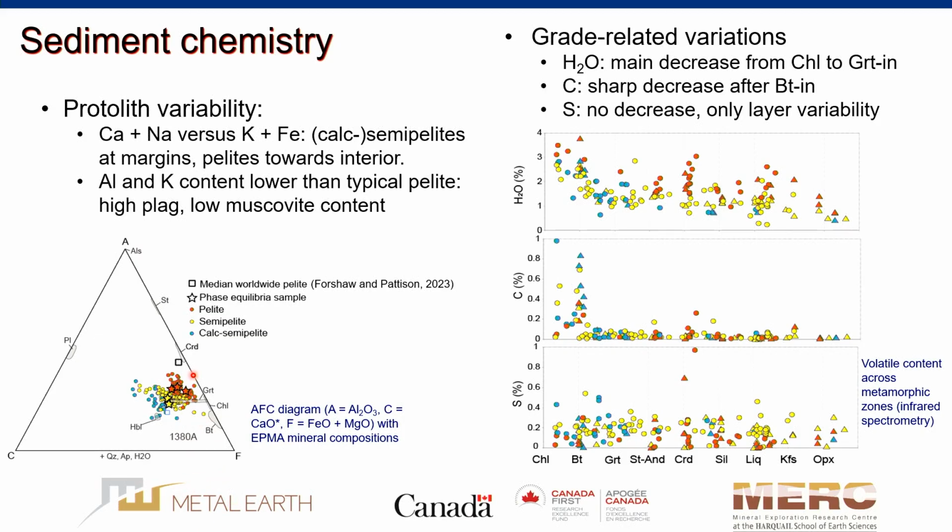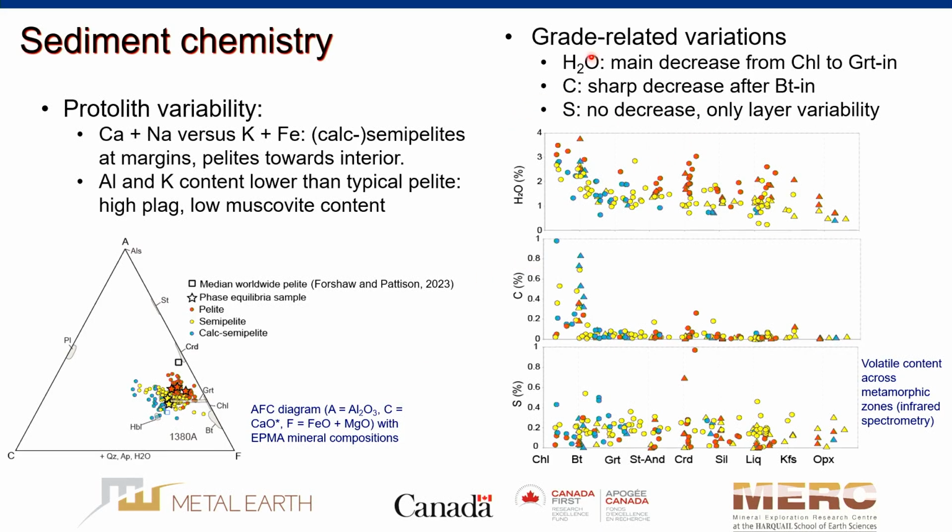And you can see that the median worldwide pelite, calculated by Forshaw and Pattison, plots up here on this AFC diagram. So it's actually interesting that pretty much all of the sediments, even the pelites, are aluminum poor compared to our typical pelites. And that has very important ramifications for our phase relationships. I'll touch on that a bit later.